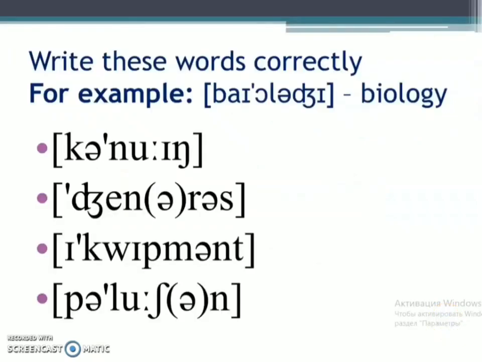So here you see, write these words correctly. For example, here you see biology transcription, and you should write biology. So, write the correct variants of these transcription words.